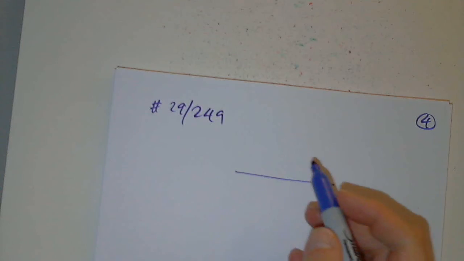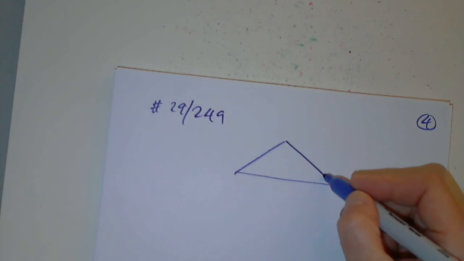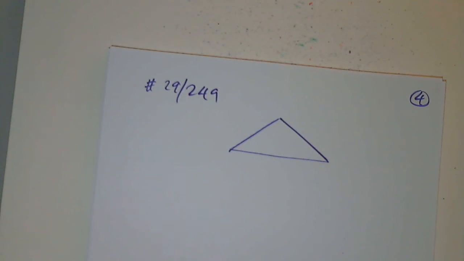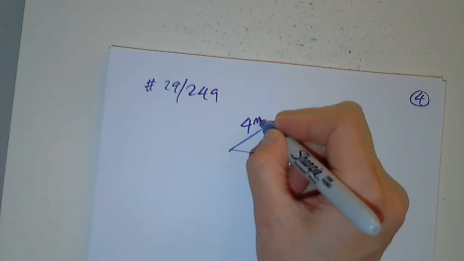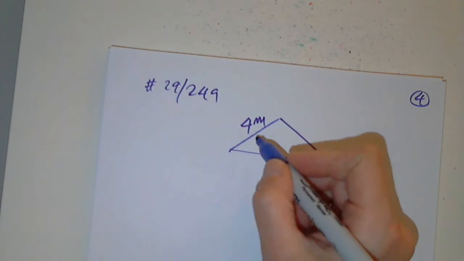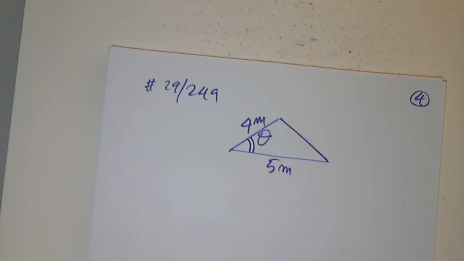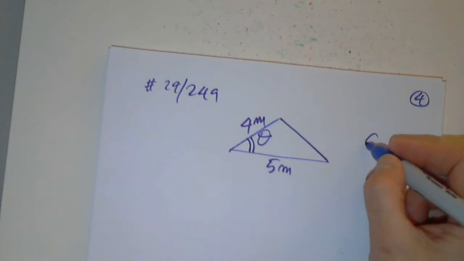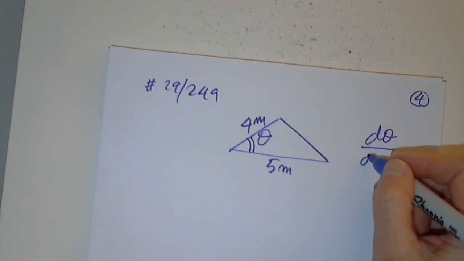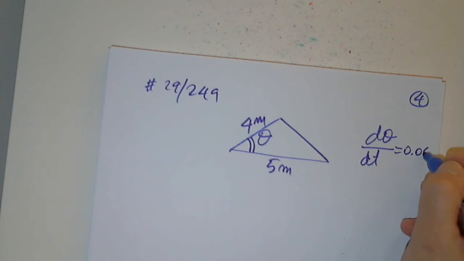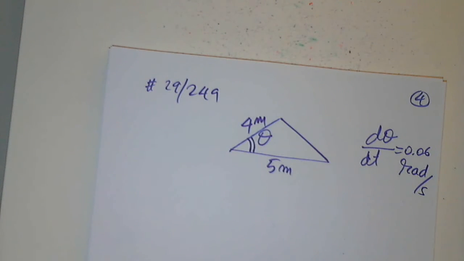Here's the triangle. We are told that this is 4 meters and this is 5 meters. And we are told that this angle, I'm going to call it theta, is changing, increasing at a rate of 0.06 radians per second. We read the problem one more time before we do anything here.